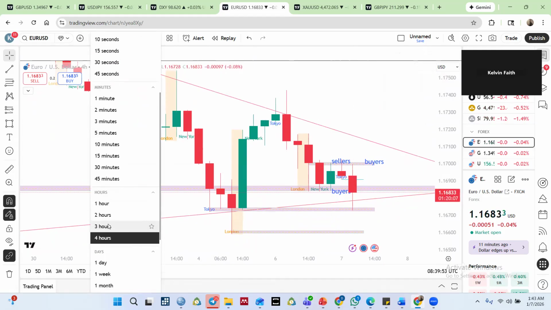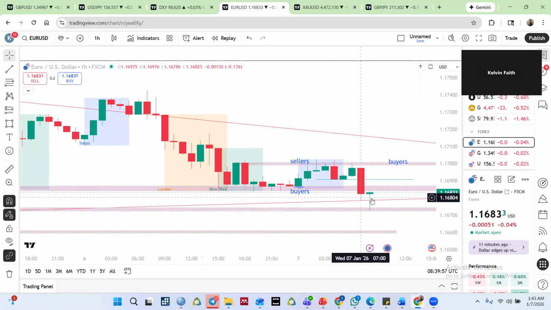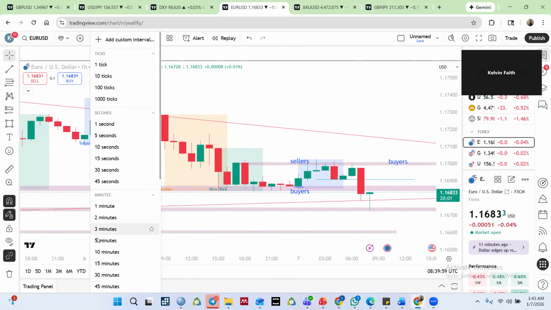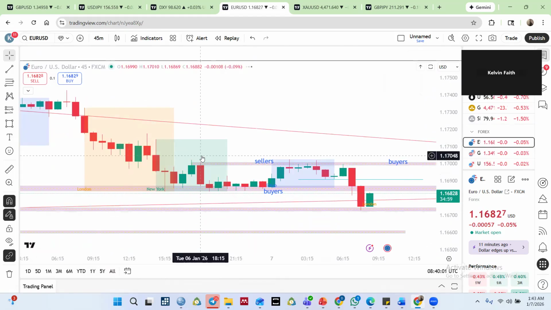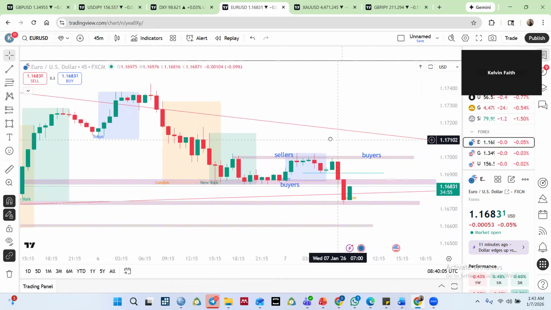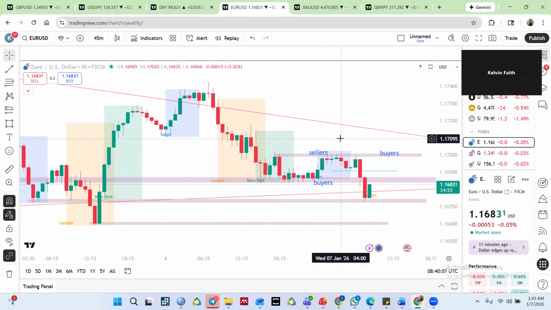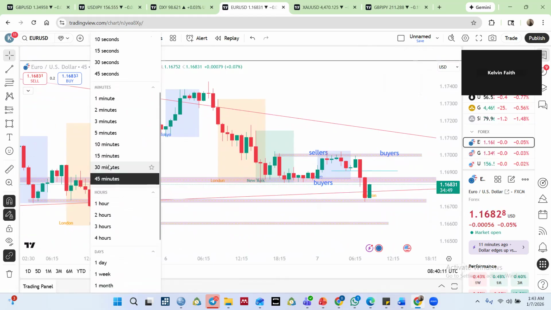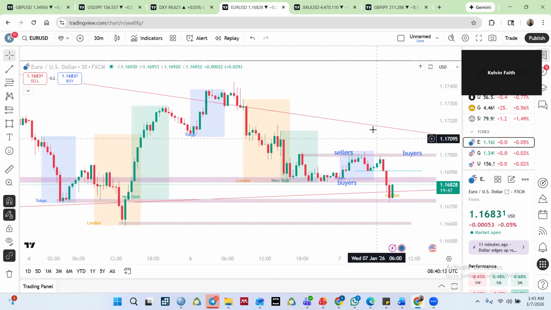It looks like everything is trying to change right now. 1 hour is rejecting. 30 minutes, 45 minutes, it's also pushing up, trying to form an engulfing bullish candle, but not yet because it hasn't closed yet. 30 minutes is also trying to form an engulfing candle.